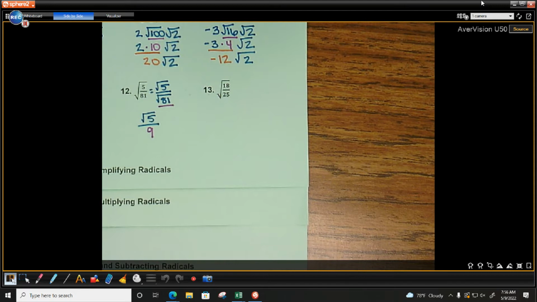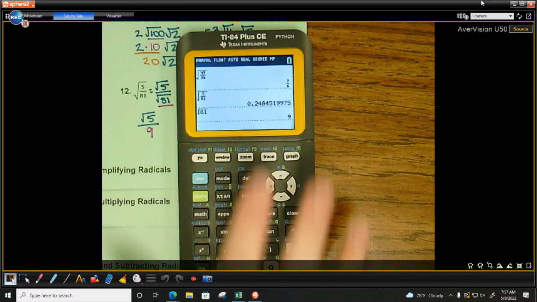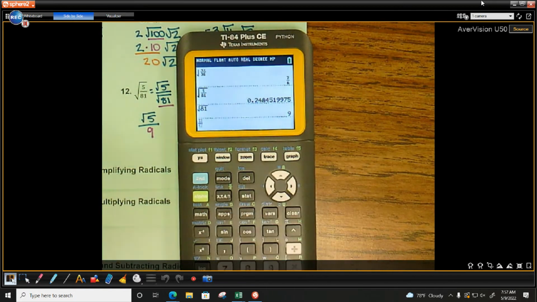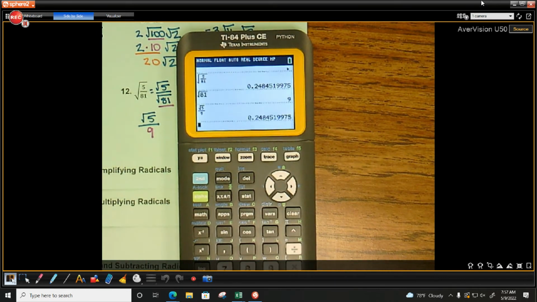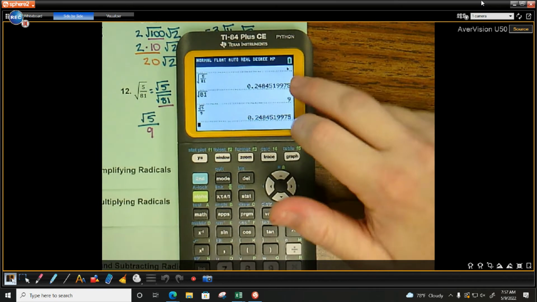Okay? What should I do now? Check. Every single one of these we're going to check. So do your alpha x, square root of 5 over 9. Did that match my original? Did we type it in, Ava?